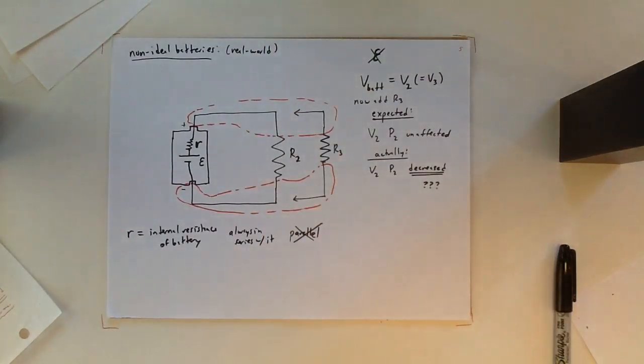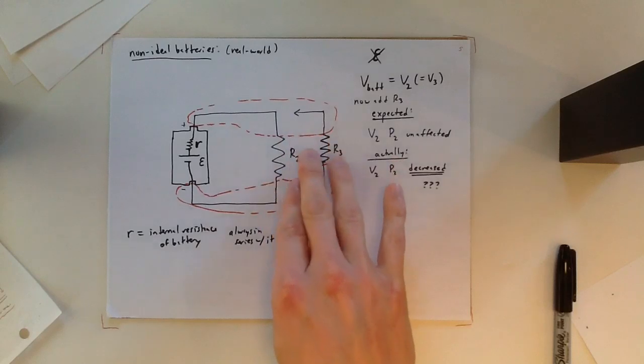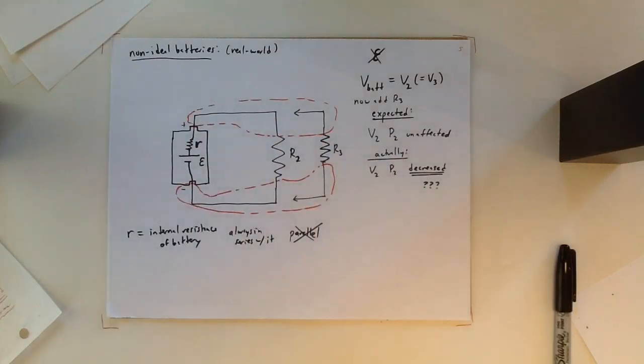A pure, true parallel circuit is kind of like a unicorn or a free lunch. It doesn't really exist. Anytime you connect a circuit to the battery, you will always have an internal resistance in series with that.